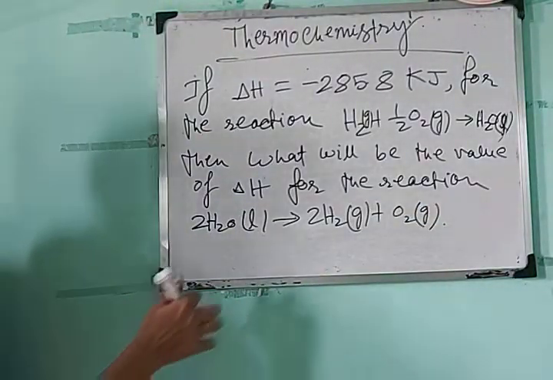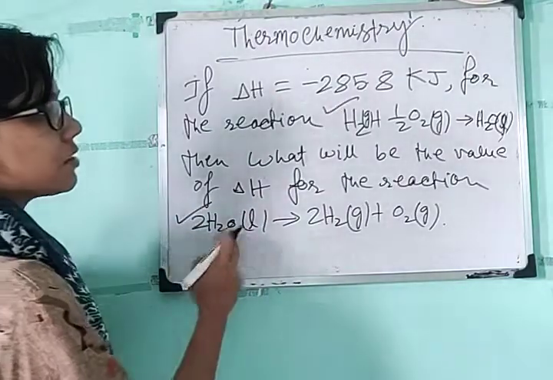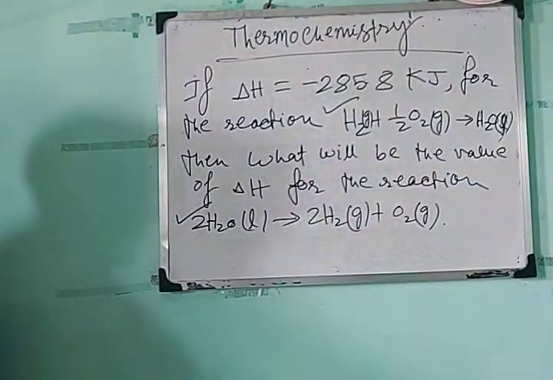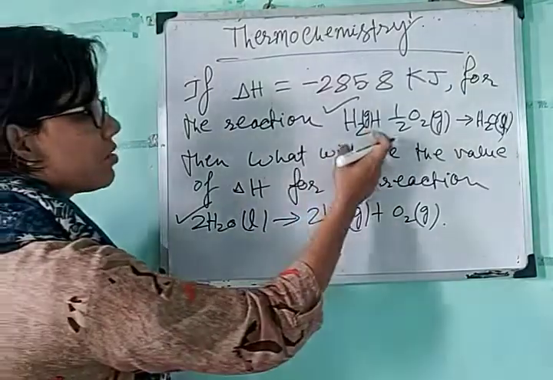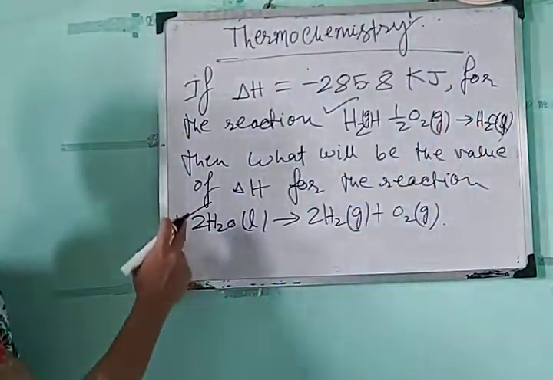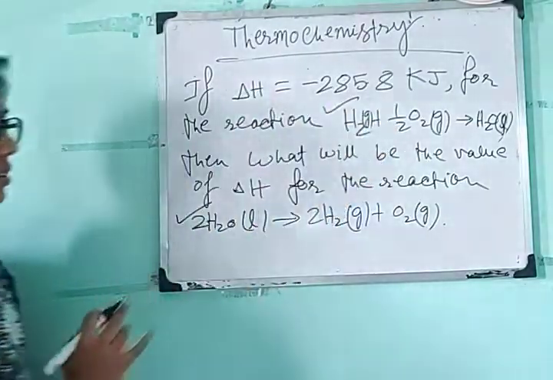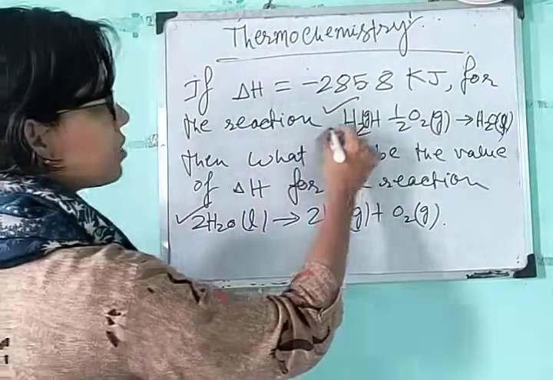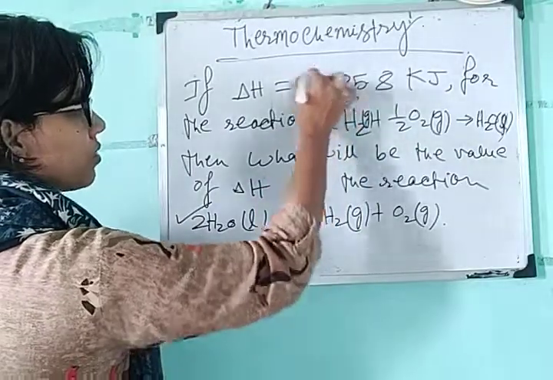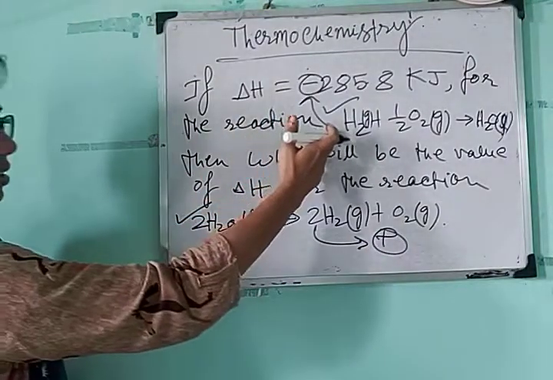Okay, you can compare this equation and this equation. This equation is the reverse of this equation, right? Hydrogen plus half oxygen giving water, and here water is breaking to give hydrogen and oxygen, just the reverse of this equation, right? So if for this reaction the sign is minus, then here the sign will be positive, as it is the reverse of this reaction.